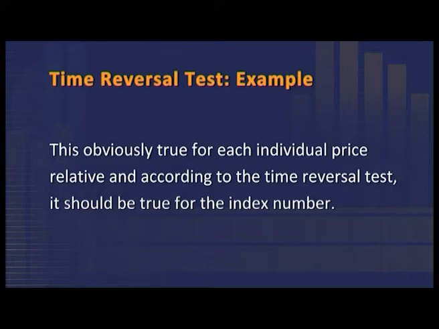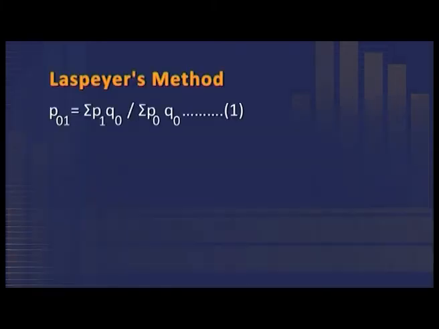for the index number. Let us now look at how many of these methods that we have discussed satisfy the time reversal test. Let us take the Laspeyres method. In this method, we calculate the index by taking the summation of P1Q0 divided by summation P0Q0. Name this as equation 1.